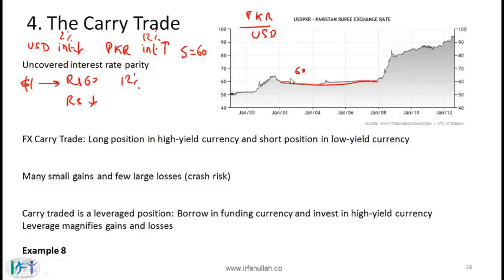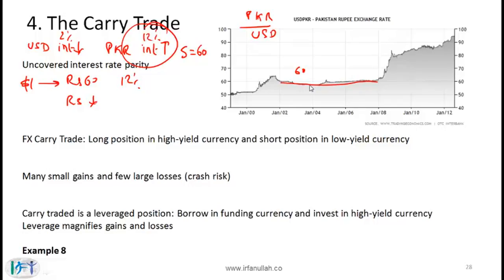Even though during this time there was a substantial difference in interest rates. So if an investor took dollars and used those dollars to buy rupees and invested at the Pakistan interest rate, he could make a substantial sum of money because the dollar was not appreciating based on uncovered interest rate parity. So clearly there was a profit to be made during this period.